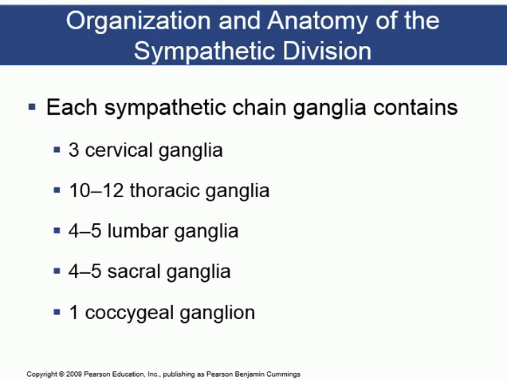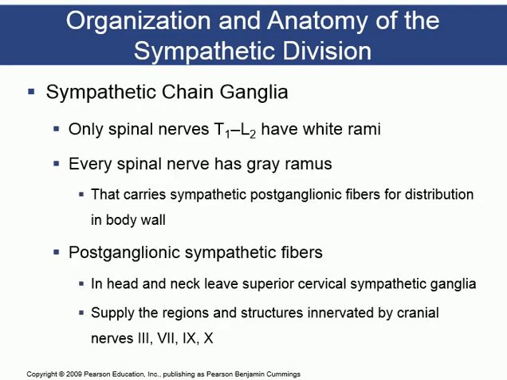So the location of the ganglia does not reflect the root or the origin. Are we following? Don't say the ganglia is in the cervical region but you said it comes from the thoracic. Yes, I didn't say it comes from the cervical. It's just located beside it. So we have 3, 10, 12, 4, 5, 4, 5, 1. These are the ganglia.